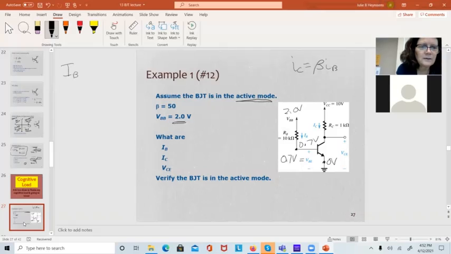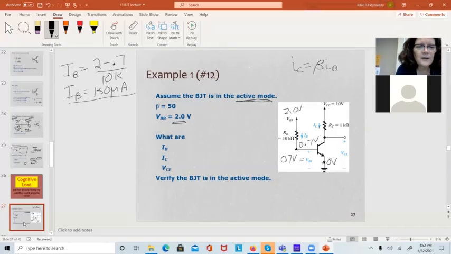IB, this is Ohm's law, is 2, the voltage drop across it, 2 minus 0.7 over 10K, which would be 130 microamps. Am I right? 130 microamps. Yes. IB is 130 microamps.